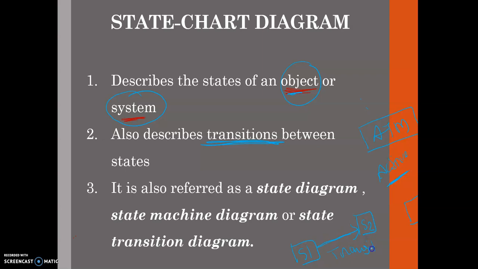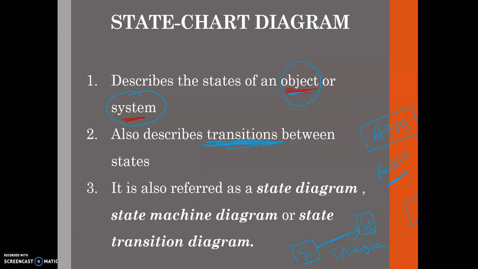If the door is open and I want to close it, from open to close there is a transition. So open is one state, close is another state. Whatever you do between them, we call it a transition. This we can also describe through the state chart.